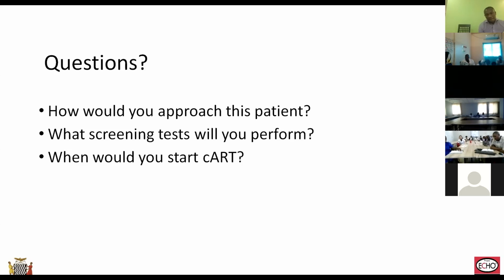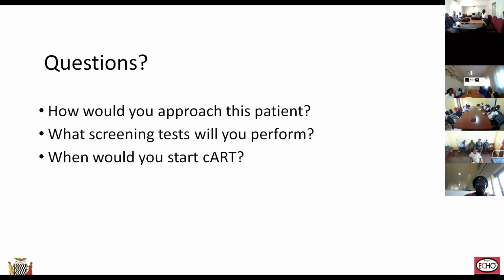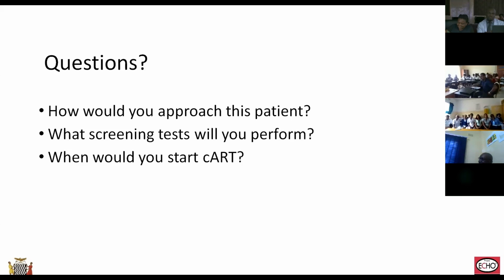But I think it can be difficult in a place like ours, where logistics are difficult for patients who are coming from very far. Because if you have to order sputum and do a chest X-ray, that will take almost two weeks to confirm that the patient has TB. So is there a way for us to start ATT immediately, without waiting for the results, based on the history and our physical findings? Thank you.